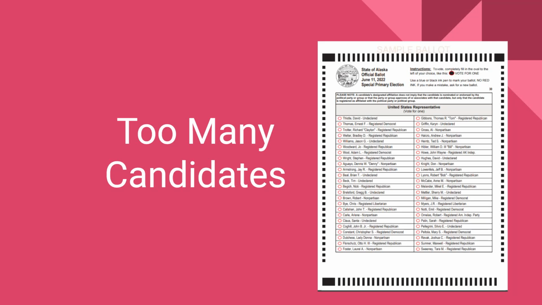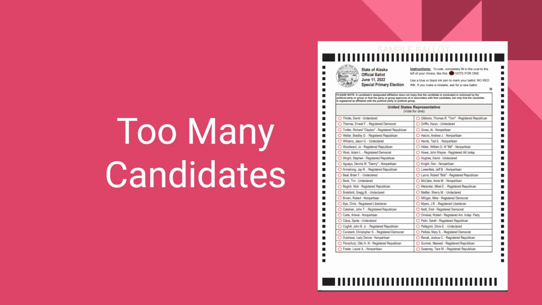This can overwhelm the voter. It can complicate the process to the point where the voter might just guess, or has to do a lot more research, or might not vote at all. It further complicates the process with these types of jungle primaries or all candidate primaries.